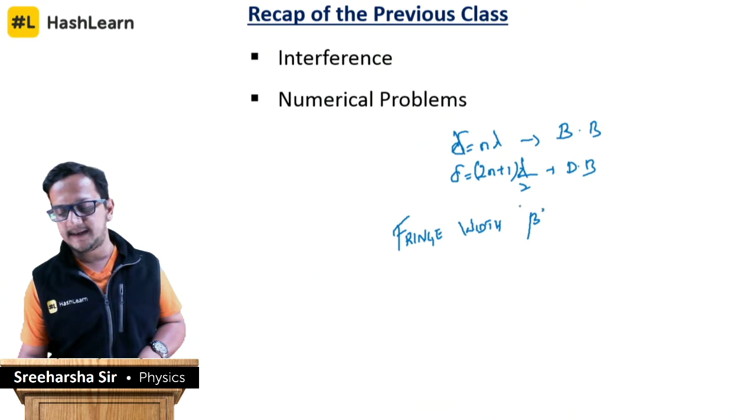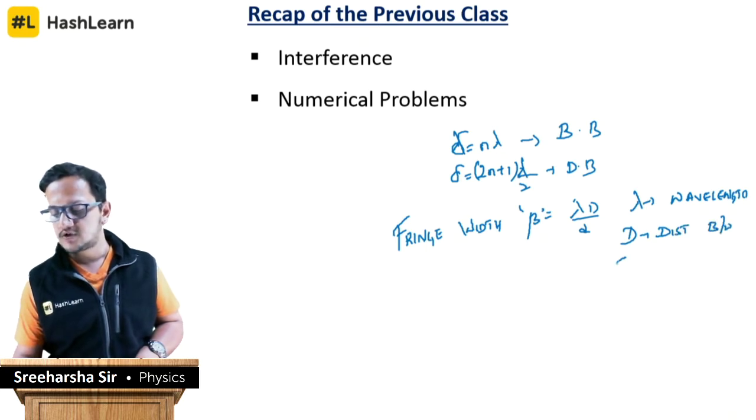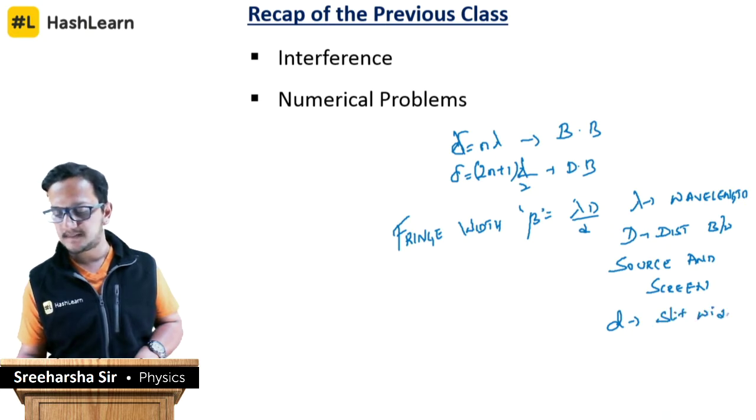The fringe width beta is given by lambda D by d, where lambda is the wavelength, capital D is the distance between source and screen, and small d represents the slit width.